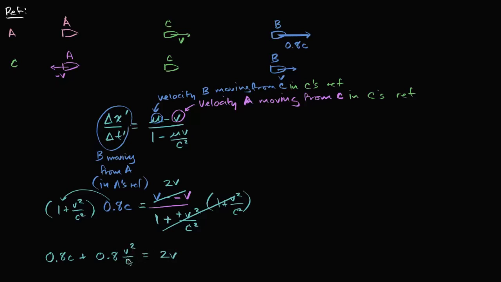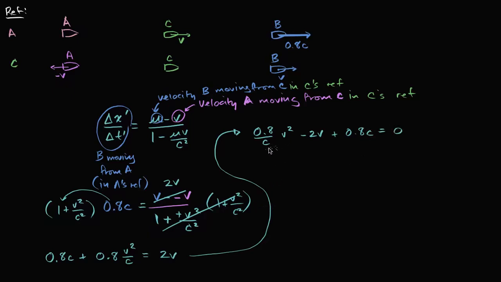And remember, we want to solve for v, so we're setting up essentially a quadratic in v. So let's give ourselves some real estate. Let's subtract 2v from both sides, and I'm going to write it in order of degree. On the left-hand side, I have 0.8 over c v squared, and then minus 2v, I just subtracted 2v from both sides, plus 0.8c is equal to 0.